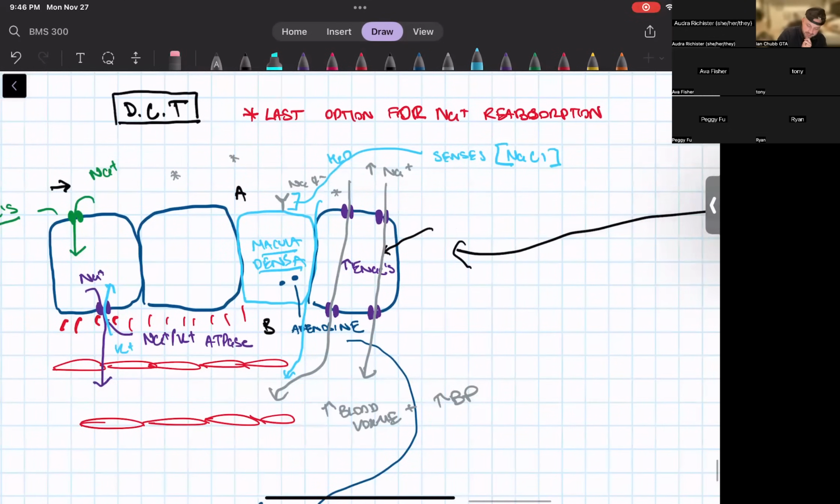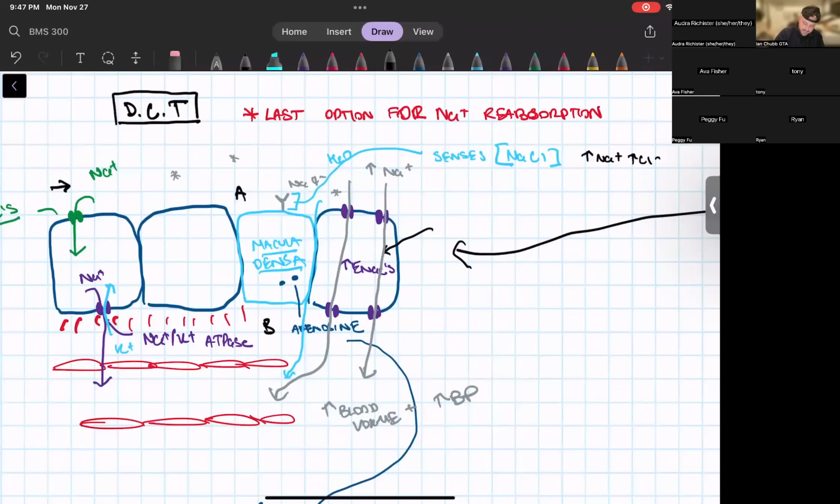So if concentrations are high, so high sodium, high chloride concentrations, that means we're moving too quickly through the nephron. The filtrate that came from the blood is moving way too fast. We don't have time to pull sodium out. So at the end of the nephron, we're like, oh no, we have a lot left. So what we want to do is pull more back into the blood.